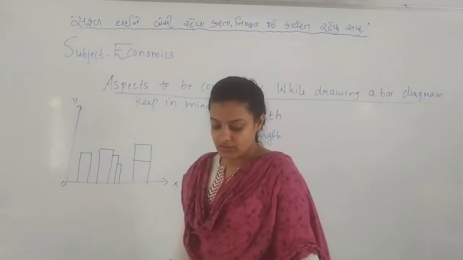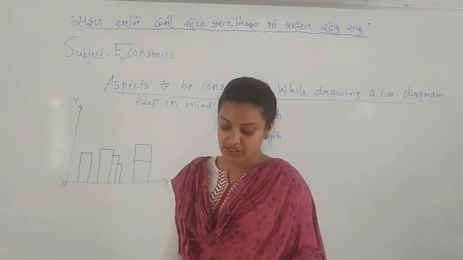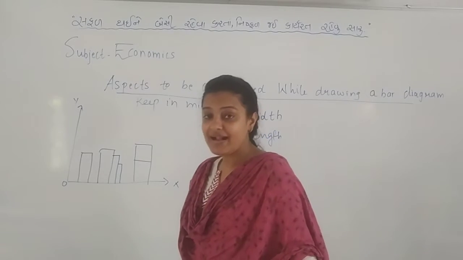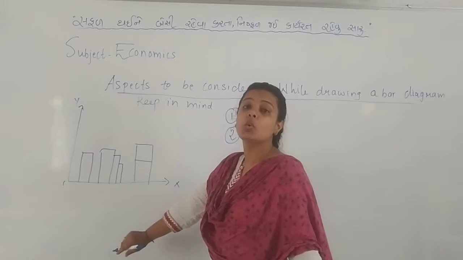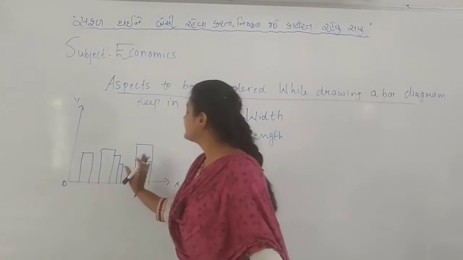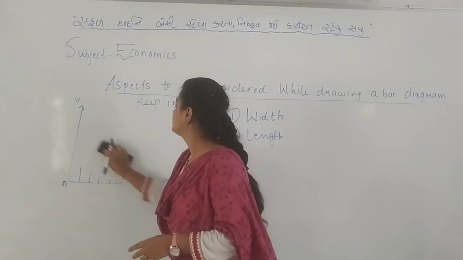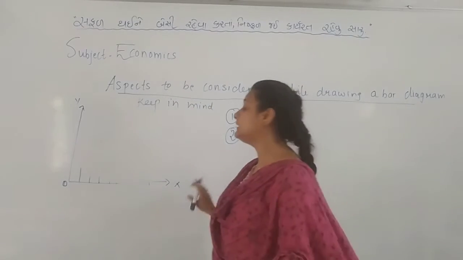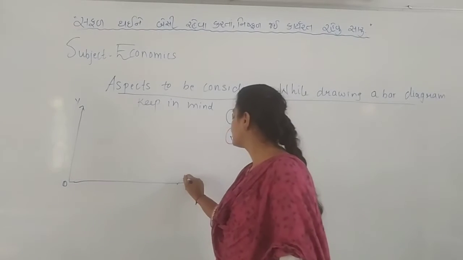Third is the distance between the bars should be equal, and that should be maintained between the first bar and the origin. This is the origin. We write O for the origin. Distance between the bars should be equal. It generally depends on the x-axis, right?